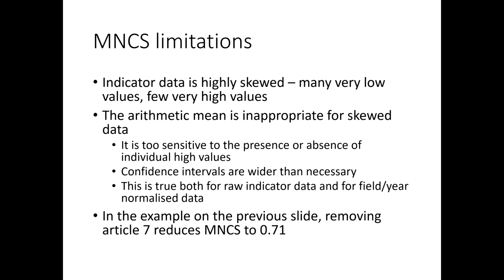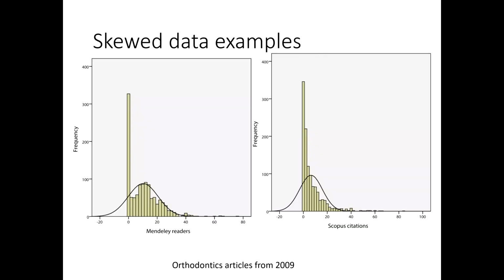And we can see the skewing issue in the previous slide, where if we take that one Article 7 away, the MNCS changes from being 1.25 to 0.71, substantially above the world average to substantially below the world average of 1. So this is a limitation of the MNCS.